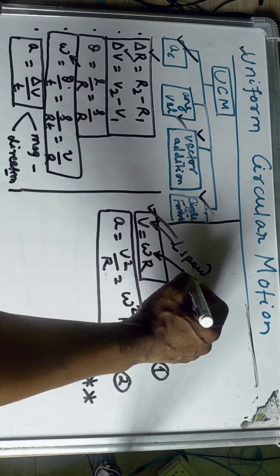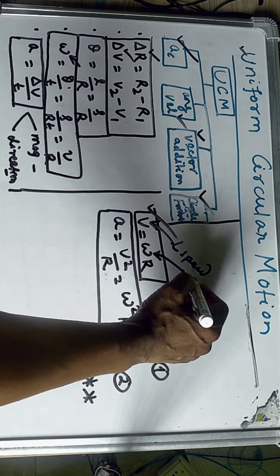Now we say this is the angular speed and this is the linear speed. From this, we found that acceleration is delta v by t, which became v square by r, or omega square into r.